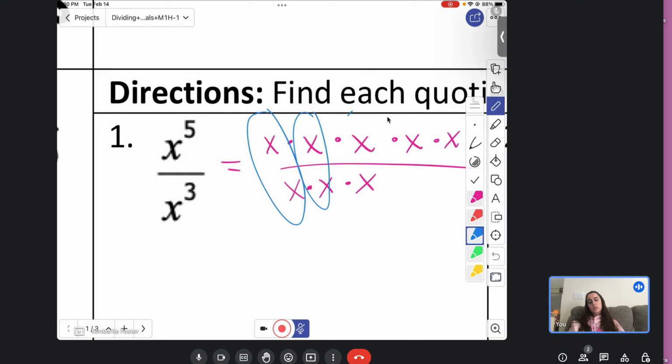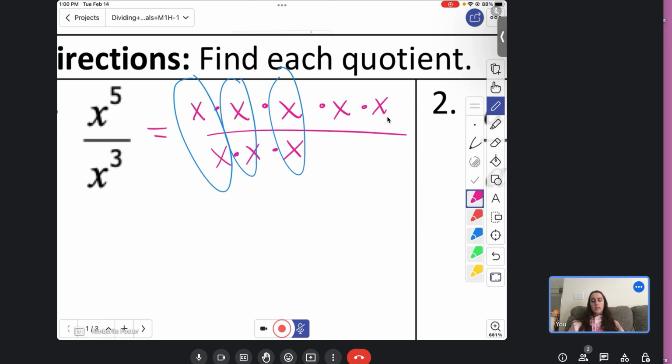That's 1, 2, 3. Anything divided by itself is one whole. So that's 1 times 1 times 1 times x times x. So basically all we are left with is x times x. You could think of 1 times all of that, right? We have 1, 1, 1, which is just x squared.